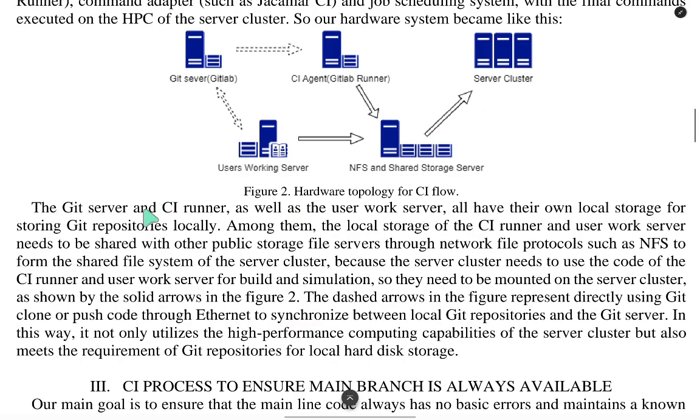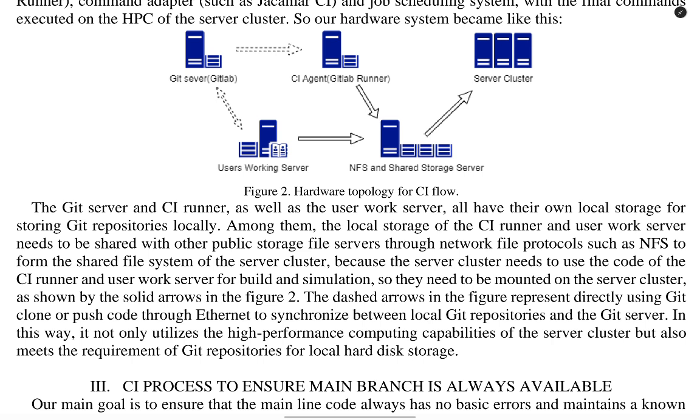So the Git server and CI runner, as well as the user work server, all have their own local storage for storing Git repositories locally. Among them, the local storage of the CI runner and the user work server needs to be shared with other public storage file servers through network file protocols such as NFS to form the shared file system of the server cluster.